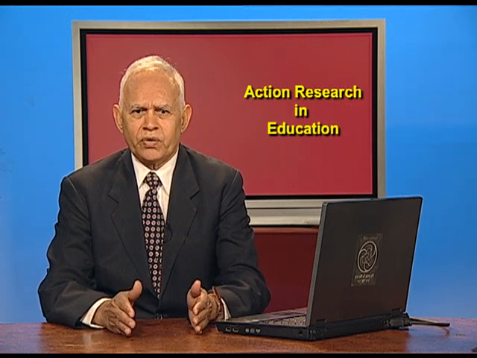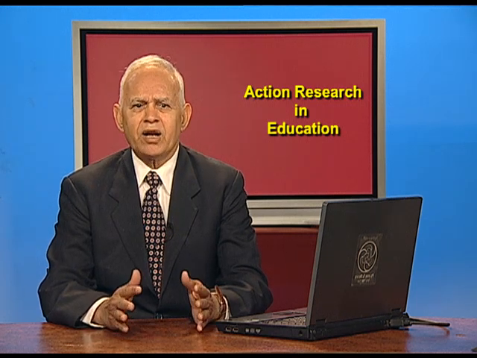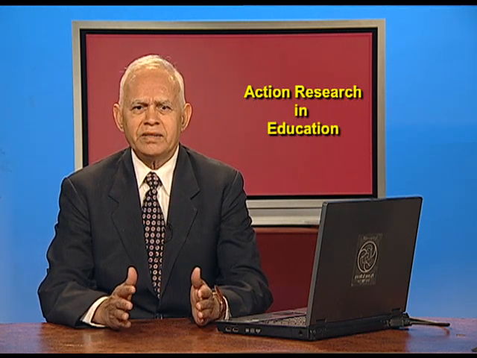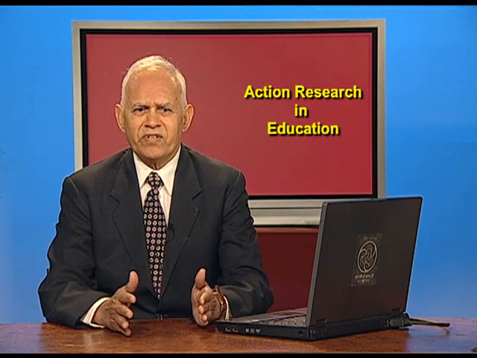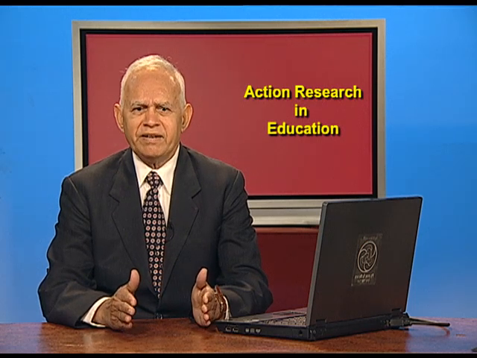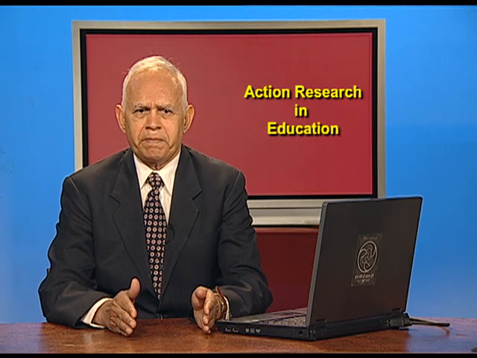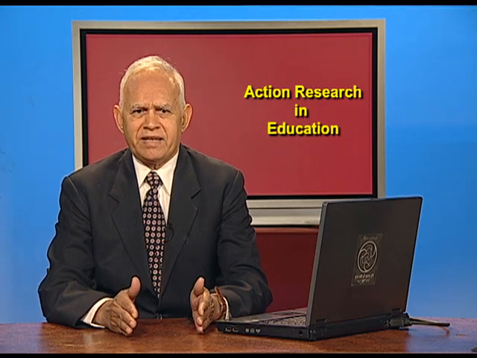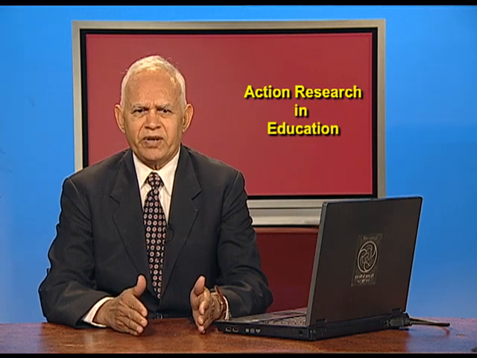All of us know that information or data are of two types. One, the qualitative. For example, if someone asks you your name, whatever name you say is qualitative information. Where do you stay? The name of the city is qualitative information.